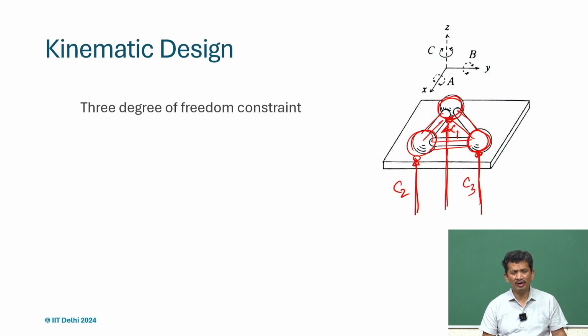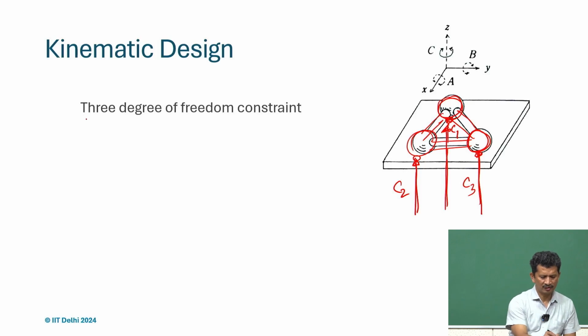So, now there are 3 parallel constraints and one has to remember that if they are in a line, then we have a difficulty. But the moment they are placed elsewhere and they do not fall on the same line, then we have 3 constraints.